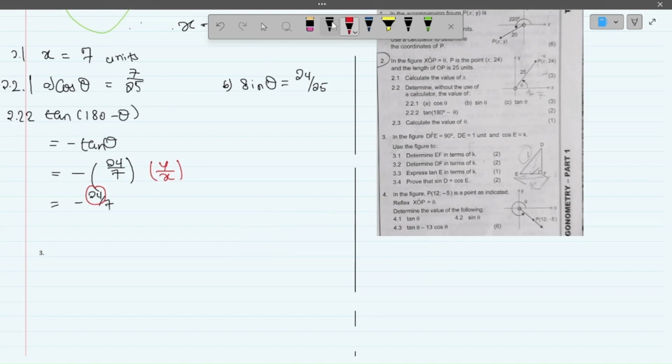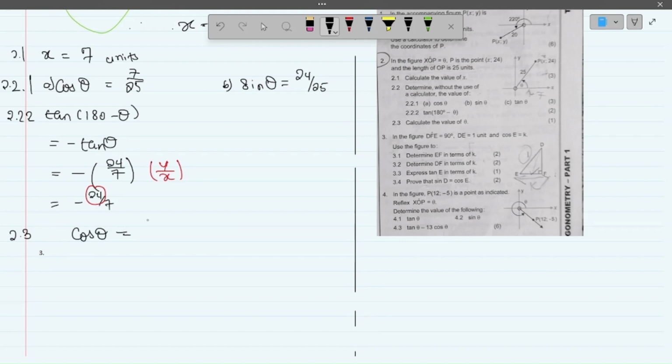All right, so let's focus on the third question, 2.3. Right, so 2.3 says calculate the value of theta. To calculate the value of theta, we would use any trigonometric ratio. So in this case, let's use the first one, which is cos theta.